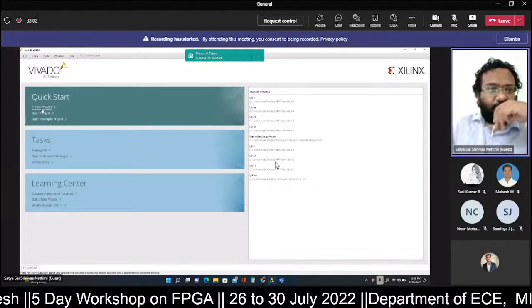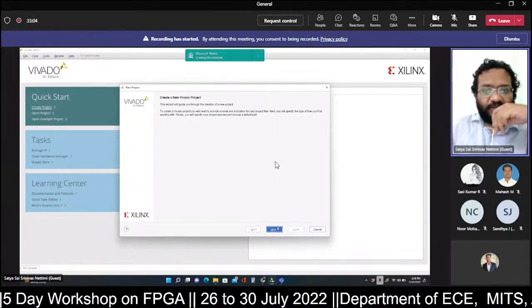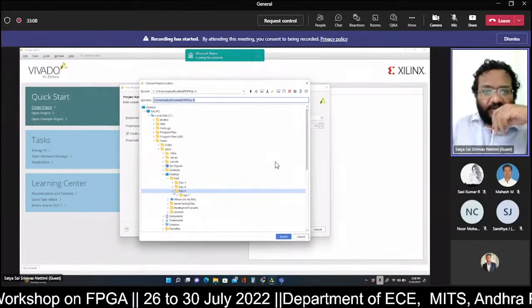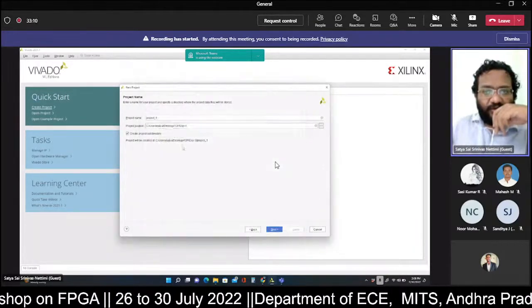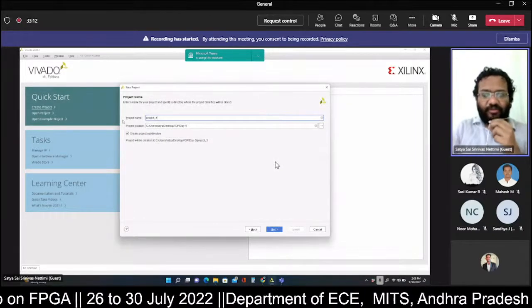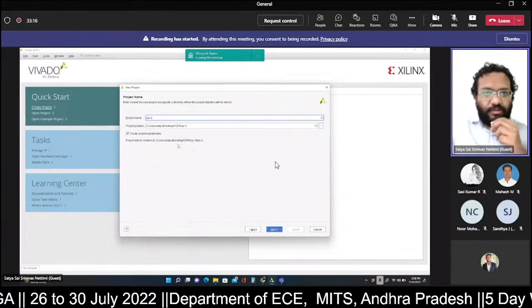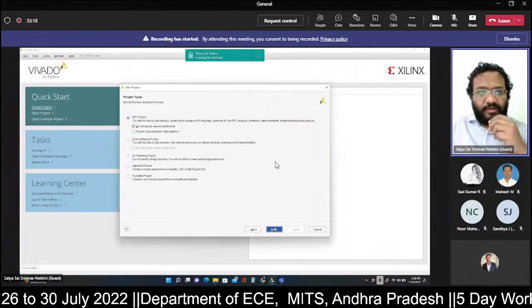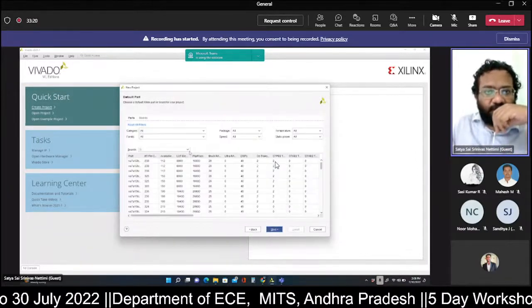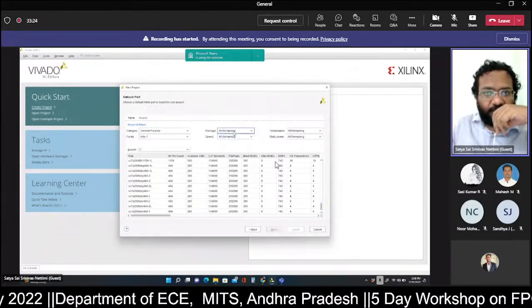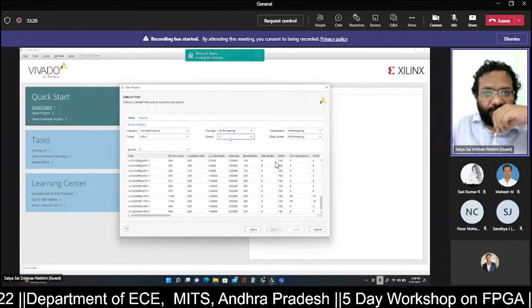For that purpose, you can create a new project. So click on next. In the project directory itself, I will create a new directory, that is lab 2. Under the RTL project, I'll specify the target to be the Basys 3 FPGA.